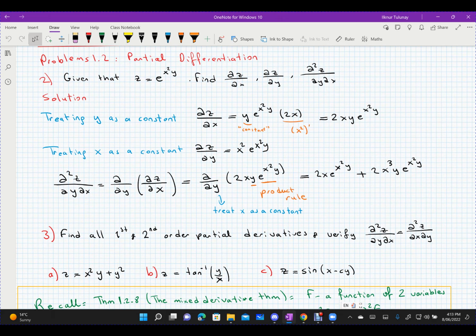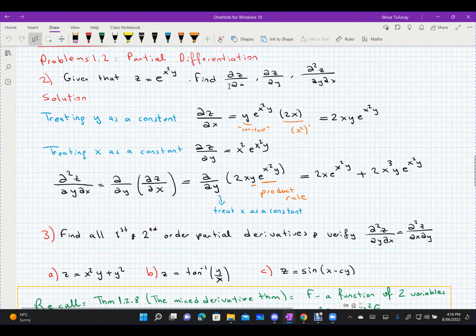Next question about the partial differentiation. We have this function, and we would like to calculate these partial derivatives. The key is when we differentiate with respect to x of this function, we assume y is a constant. So if we treat y as a constant and differentiate with respect to x, we have e^(x squared y), with some constant.